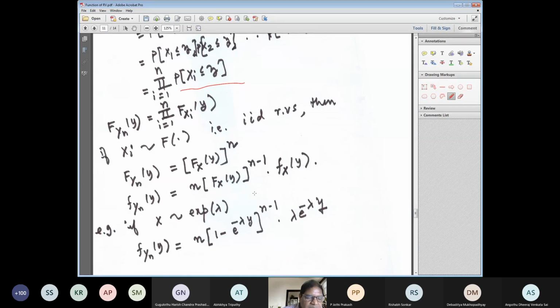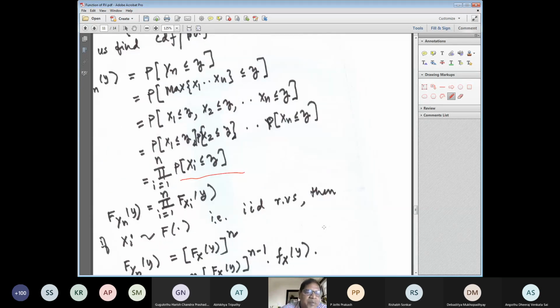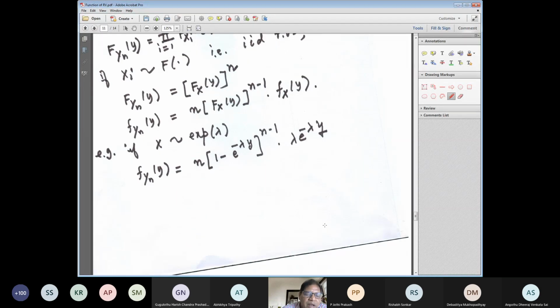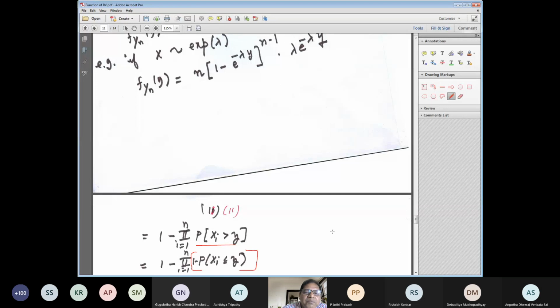Of course, here we cannot simplify it into a more compact form. So if X follows the exponential distribution, then the distribution of the maximum can be written in this way. All these functions, the minimum and maximum of n random variables, are known as functions of n random variables.